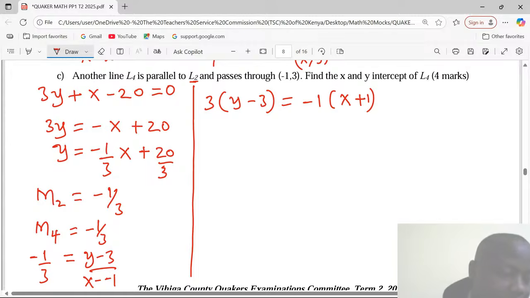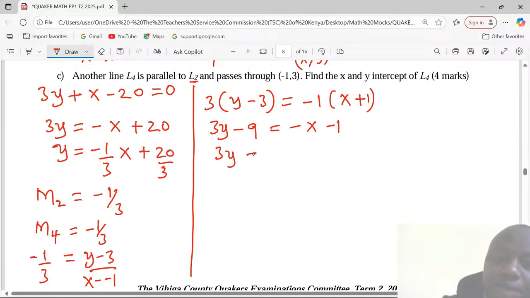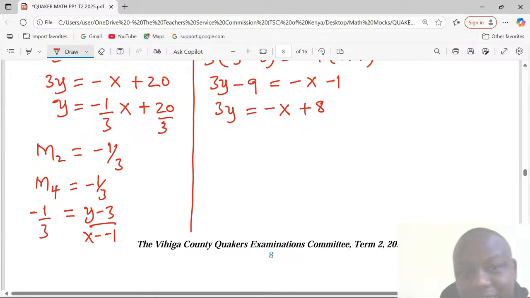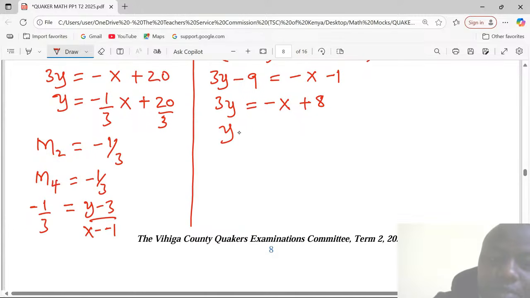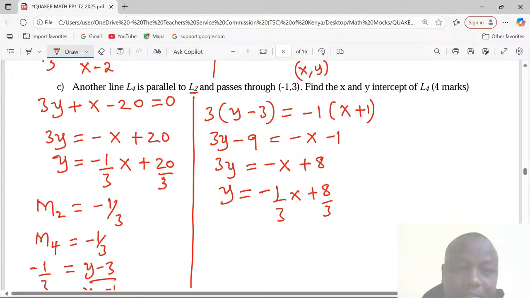Remember, x minus negative 1 becomes x plus 1. So now 3y minus 9 equals negative x minus 1, so 3y equals negative x plus 8. Negative 1 plus 9 gives positive 8. To remain with y, we get negative a third x plus 8 over 3. This is the equation for line 4.